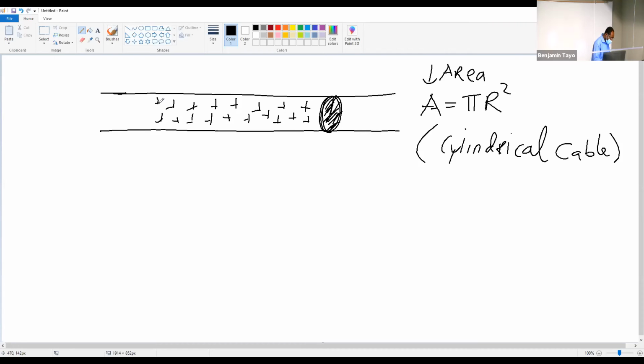Again, what we know is that we know n. n is the number, if you wish, you can call it electrons, number of electrons, divided by the volume.